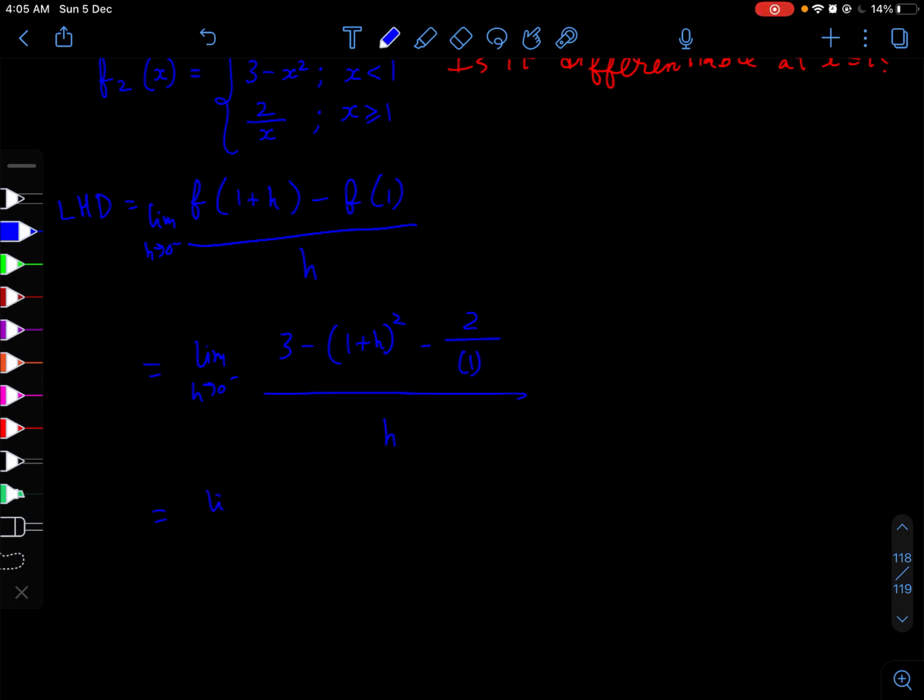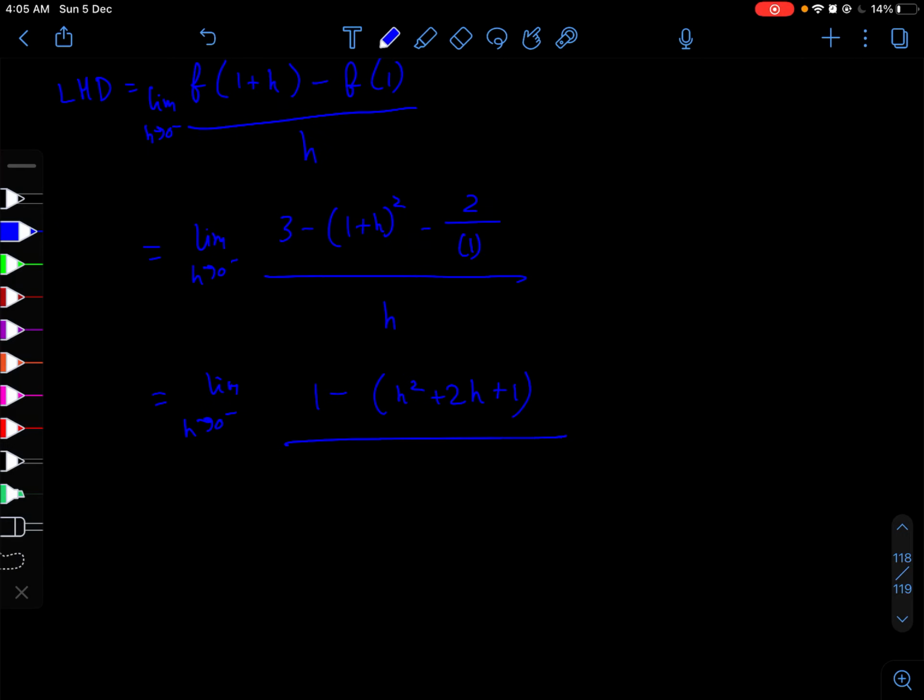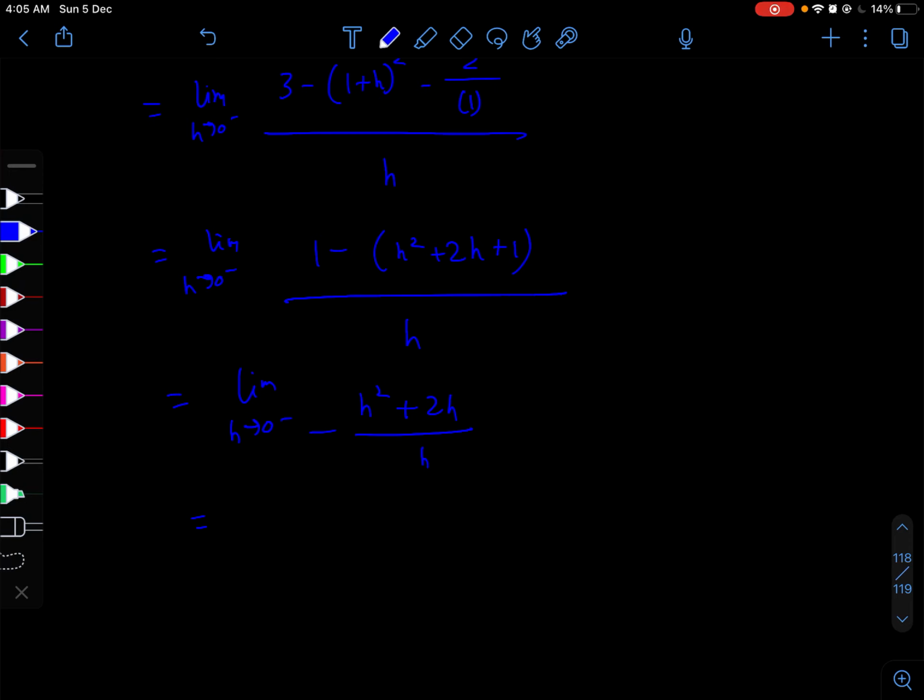whole thing divided by h, which is equal to the limit as h tends to 0 minus of 1 minus h squared plus 2h plus 1 whole thing divided by h, which is equal to the limit as h tends to 0 minus of minus h squared plus 2h whole thing divided by h, which is equal to the limit.